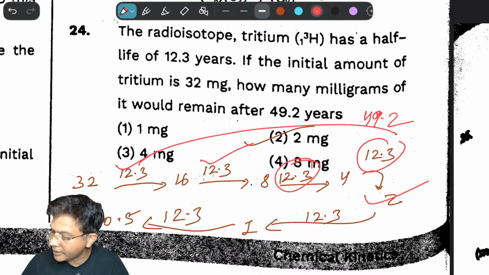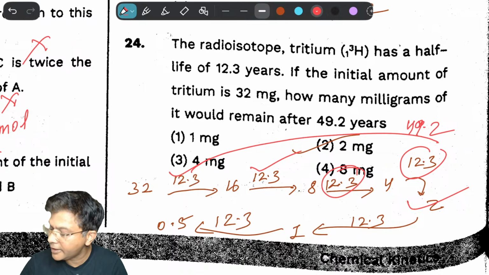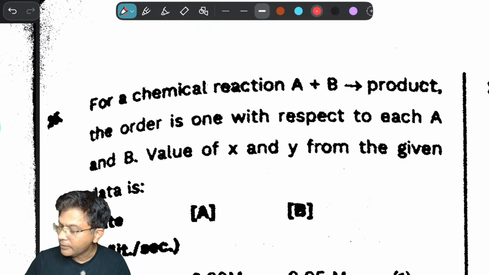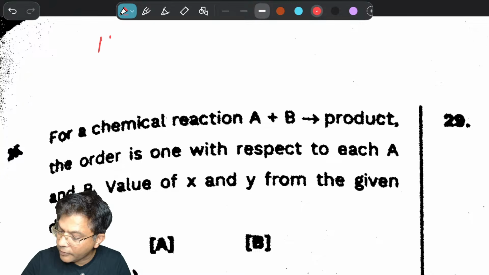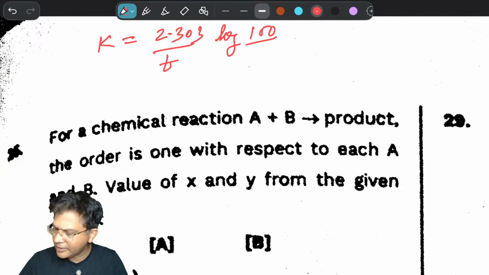The second way is that they are taking the t half as this. If the initial amount is this, how many milligrams will remain after 49.2 years? So time is given, so we can use the formula k is equal to 2.303 upon t log of a upon a minus x, initial upon.